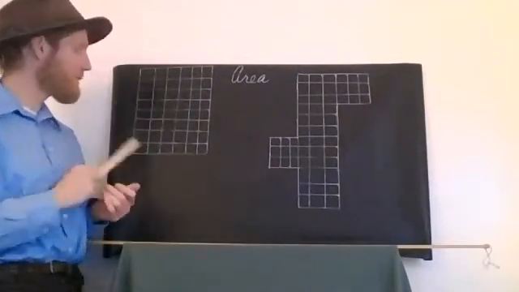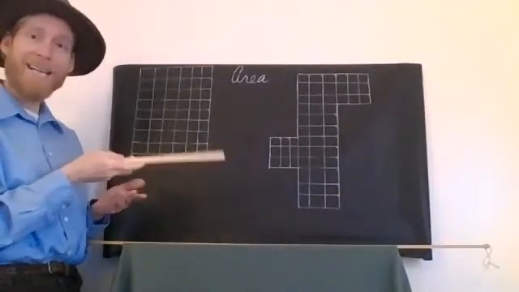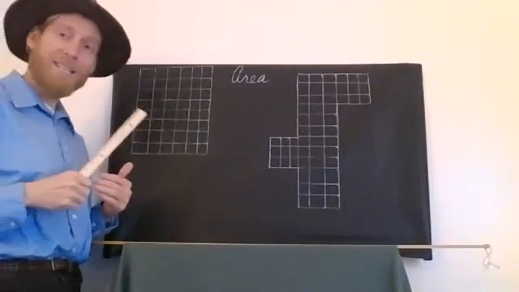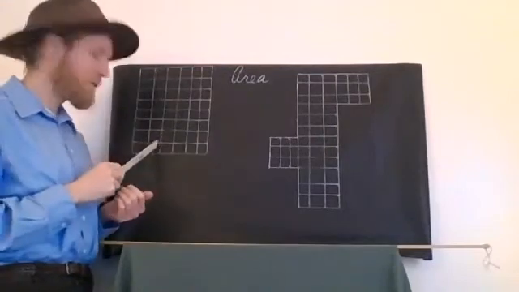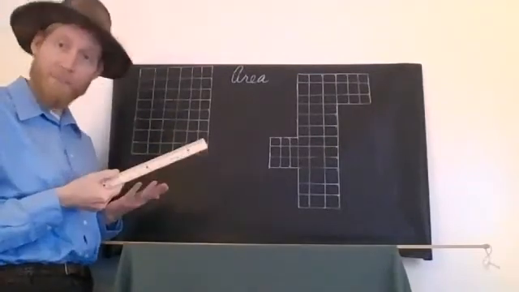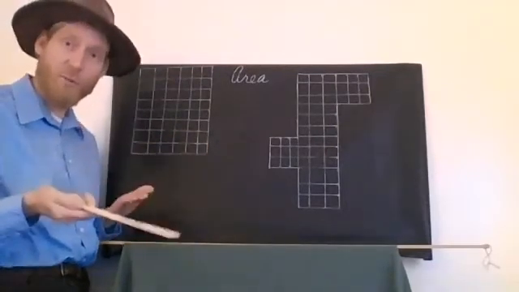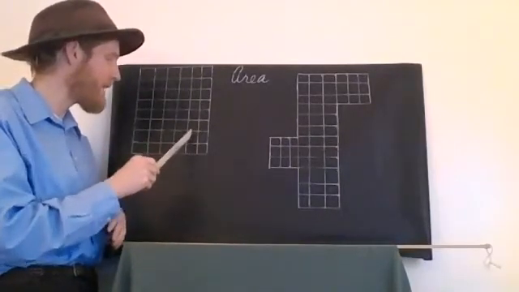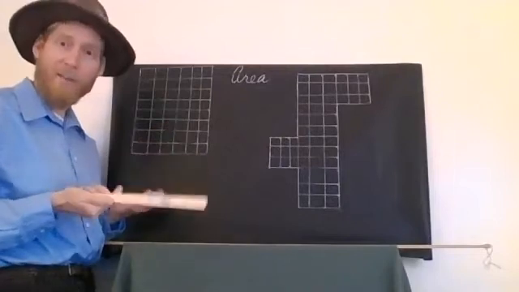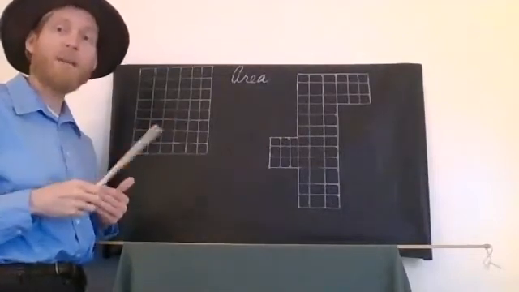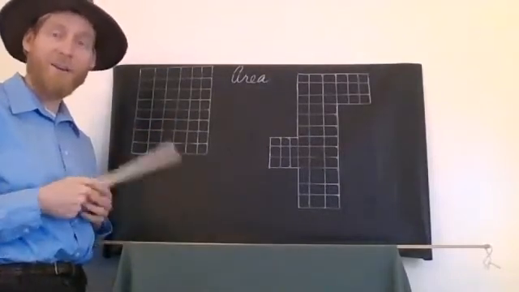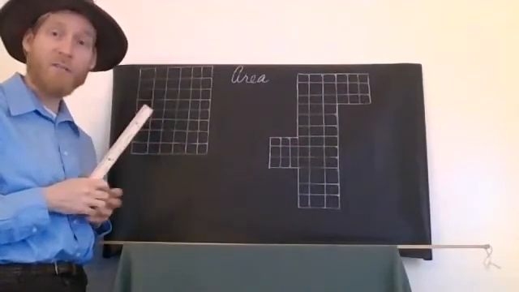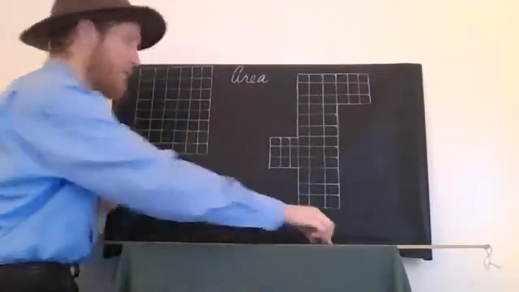So here's a simple shape. Now I could count up all the squares. Let's say these were inches, or they could be feet, whatever unit you want. I could count them all up: 1, 2, 3, 4, 5, 6, 7, 8, 9, 10. And I could find out how many square feet. Which, by the way, the units are always square units.